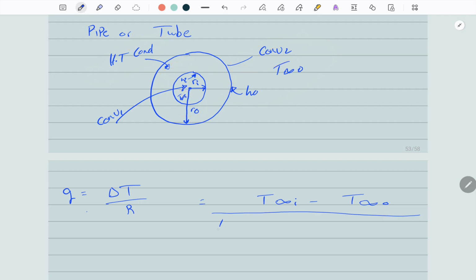Therefore, it's 1 over hiAi plus ln of the outer radius divided by the inner radius over 2 pi kL plus 1 over hoAo. Okay?